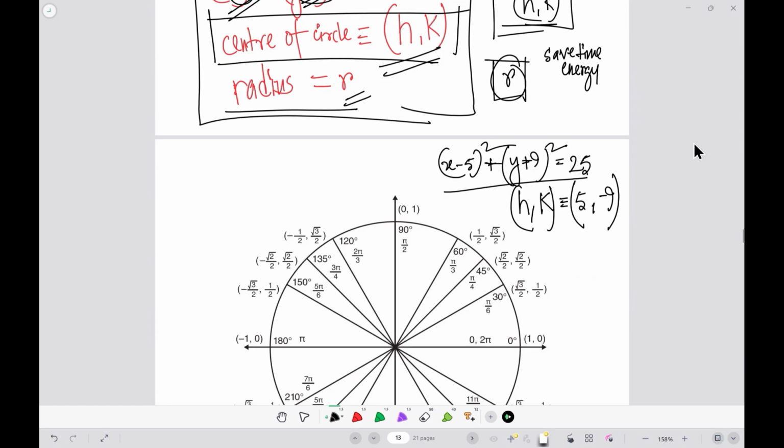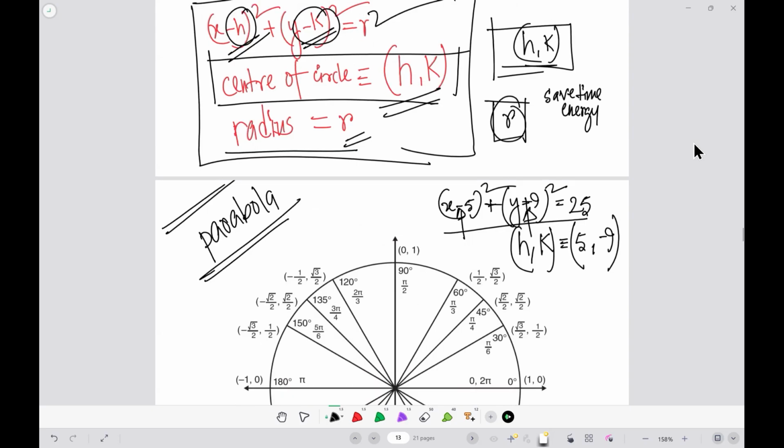And don't mess up with the sign, because this is just like the equation that we dealt with in the parabola. Do you remember the parabola equation? We dealt with it in the advanced math chapter.